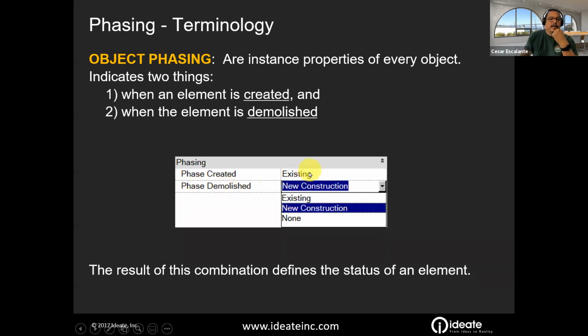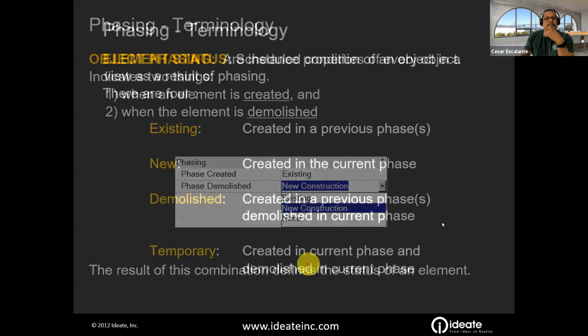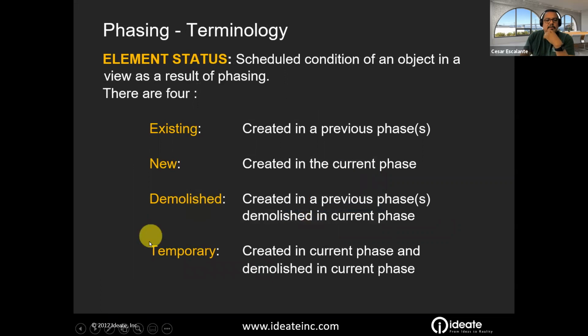All those walls were created in the previous phase and they are demolished in the active phase, the new construction. And then we have, less frequently used, temporary objects. Temporary objects are objects that are created in the current phase and demolished in the current phase. For example, temporary trailers or temporary protection walls or temporary fences, which we typically don't include in our scopes, but they are the scope of the contractor.